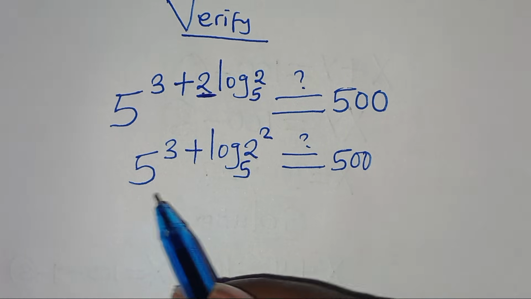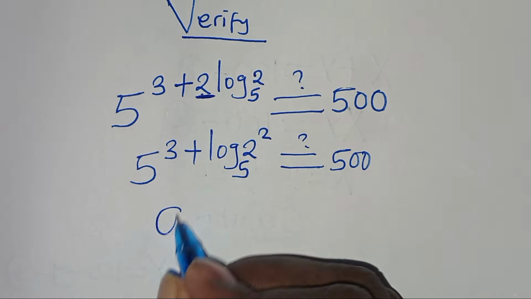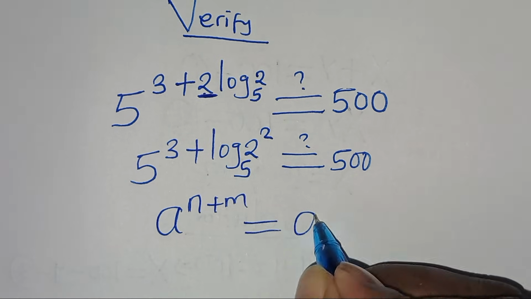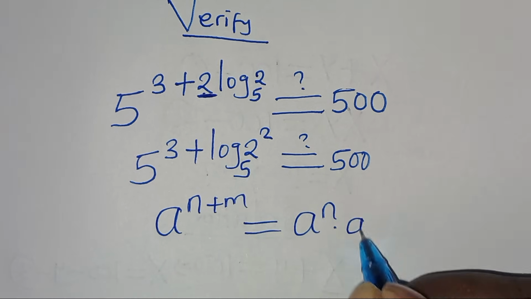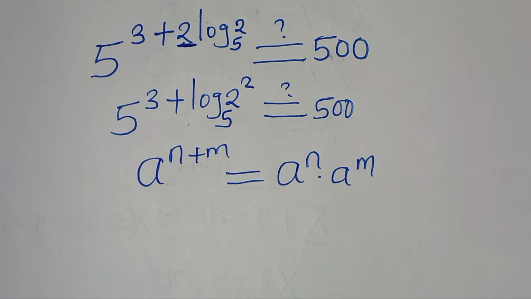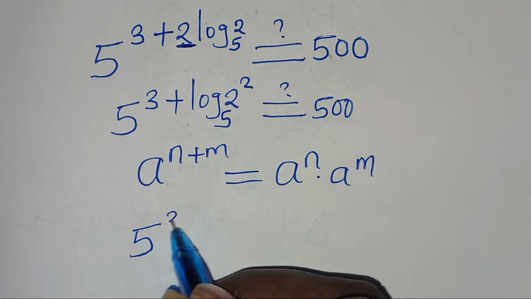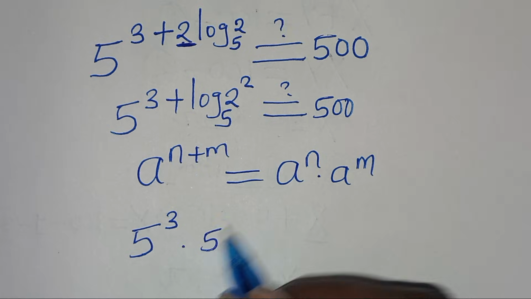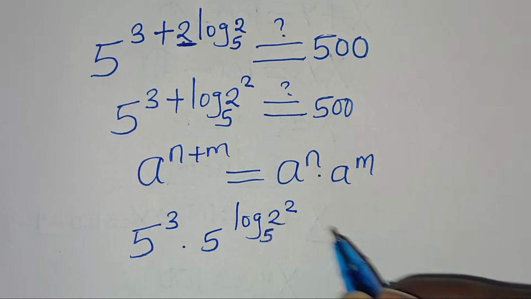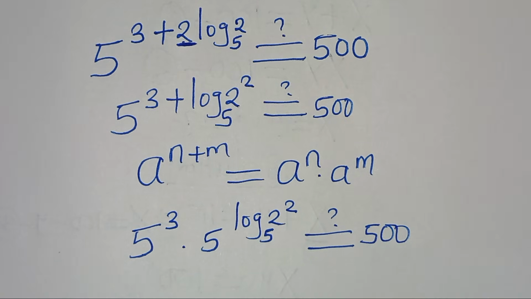Now 5 to the power of 3 plus log 2 to the power of 2 to base 5 is in the form of a to the power of n plus m, which we can express as a to the power of n multiplied by a to the power of m. Applying this exponent property, we have 5 to the power of 3 multiplied by 5 to the power of log 2 to the power of 2 to base 5.